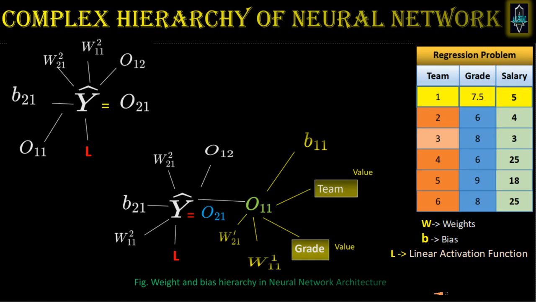If we talk about biases and weights, we can easily change them. But O11 also depends on 5 things: B11, team, grade, W111 and W121. Similarly, what does O12 depend on?